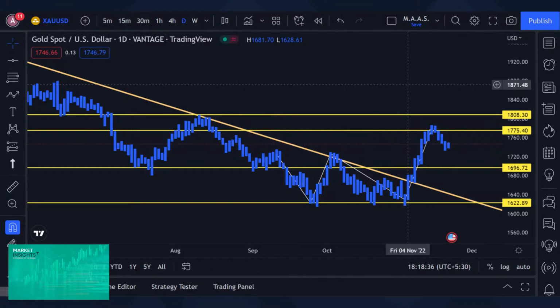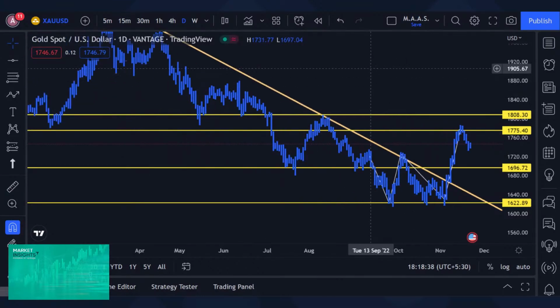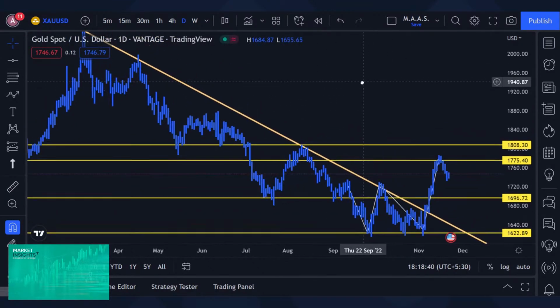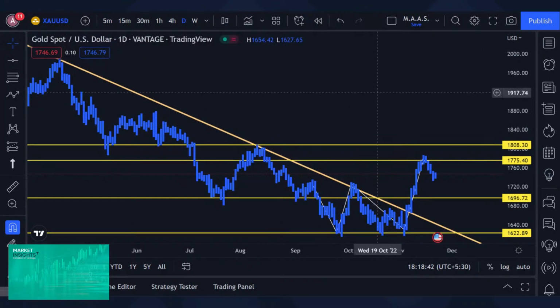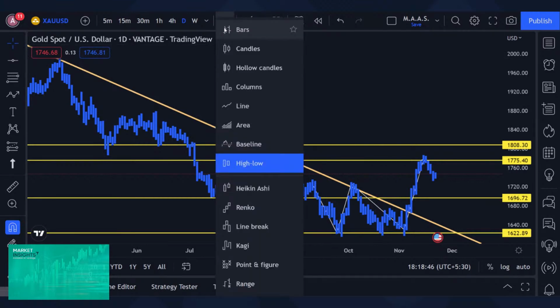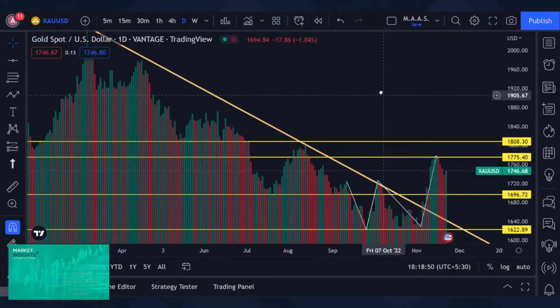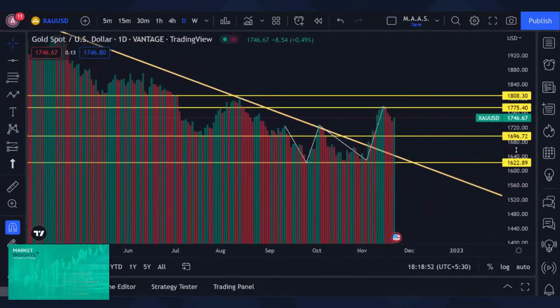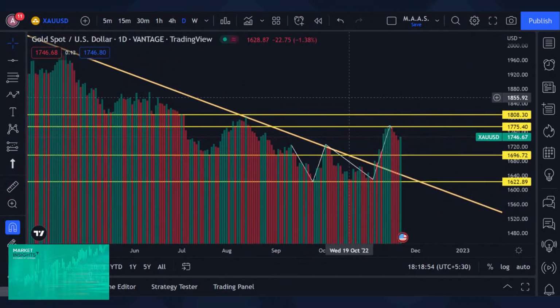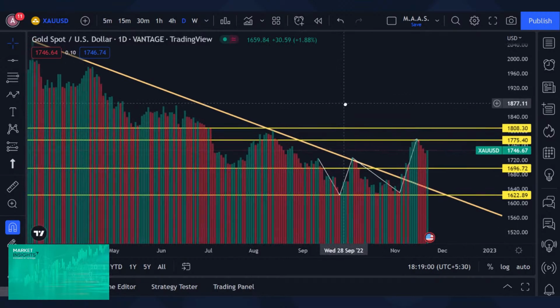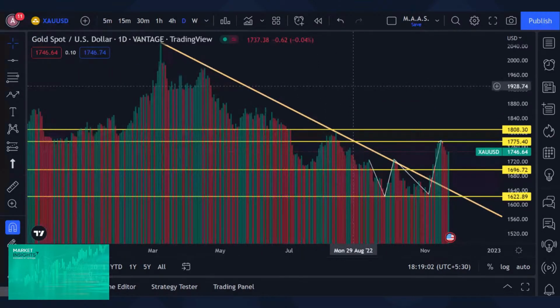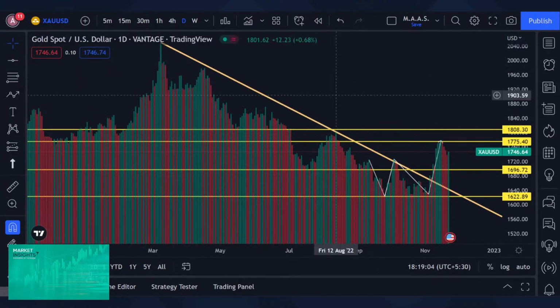So we see that there is a high-low chart kind of a thing. Personally I don't use it, so you may try it or use it. Another important thing is this column chart. Column charts are very interesting, because they look as if the volume has spread out and completely hijacked the whole chart.